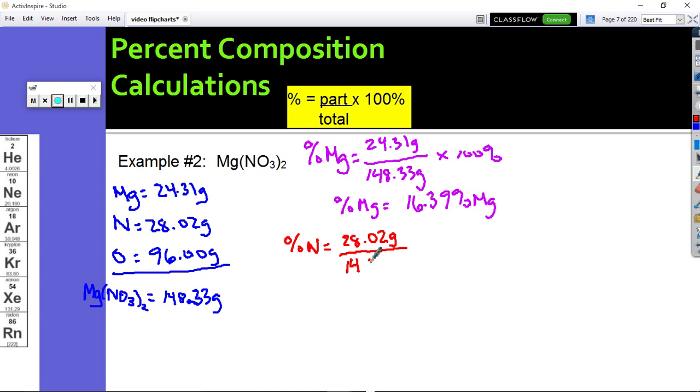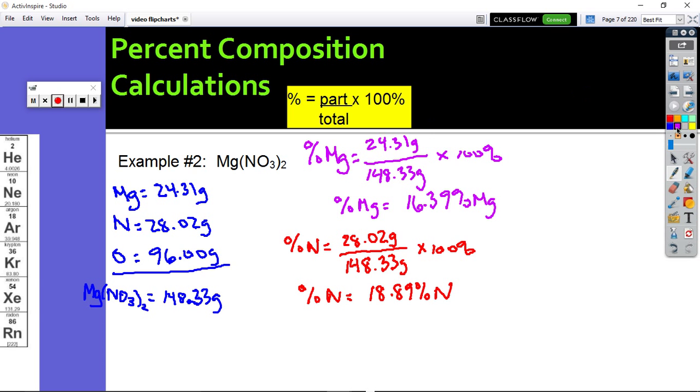And when you're done, times that by 100%. So in the calculator, we're going to get a percentage of 18.89% nitrogen. This number makes sense. It's a little bit higher than magnesium's, but then the mass of nitrogen is a little bit higher than magnesium as well.